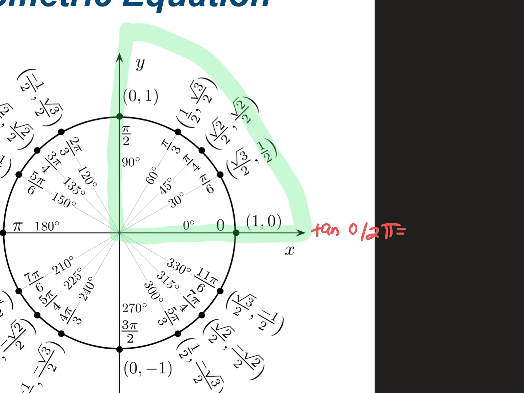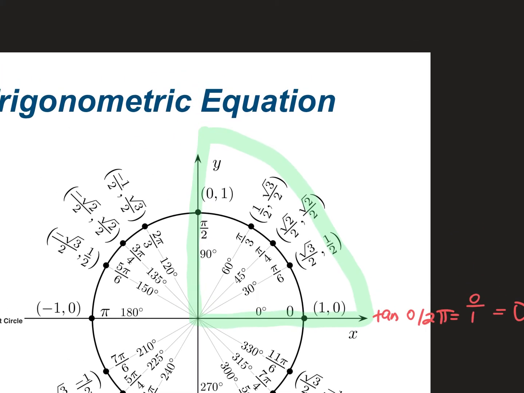So I take the y value, which is 0, and put it over x. What's the tangent here? 0, correct. Let's come up here to pi over 2. What over what? 1 over 0. What's the answer to that? Undefined. Very good.